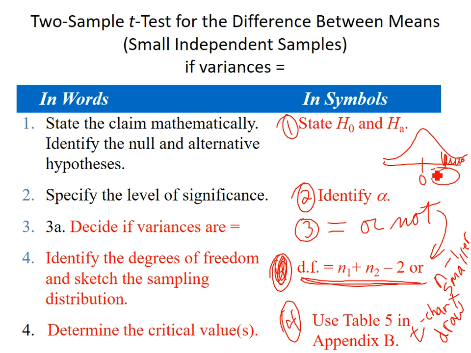Regardless of using your calculator, we're still going to have to find the degrees of freedom, and we're going to have to find the critical value, because the calculator doesn't tell us all that. All right? And we're still going to draw the chart and everything, just like we've been doing.